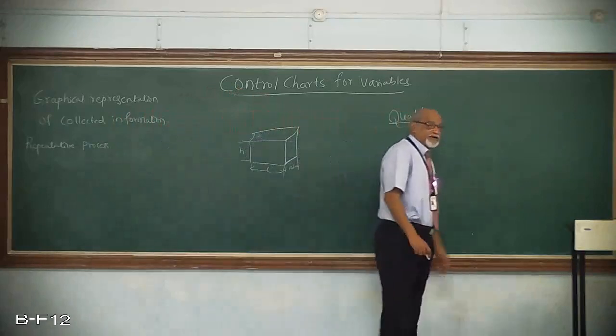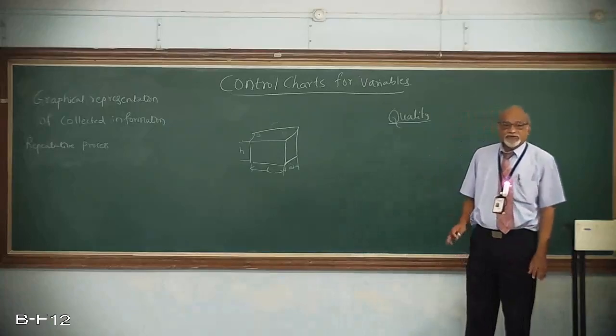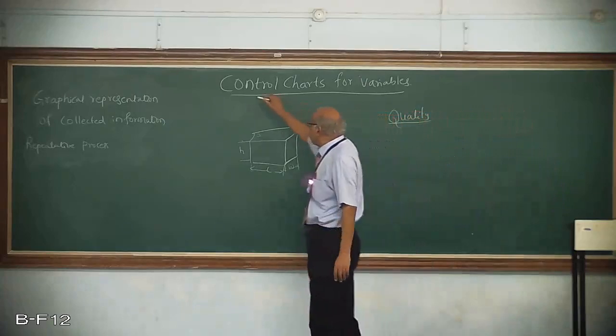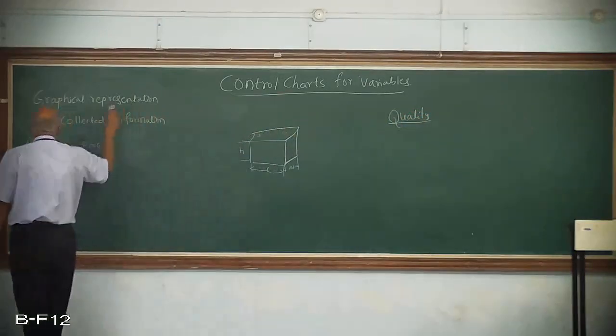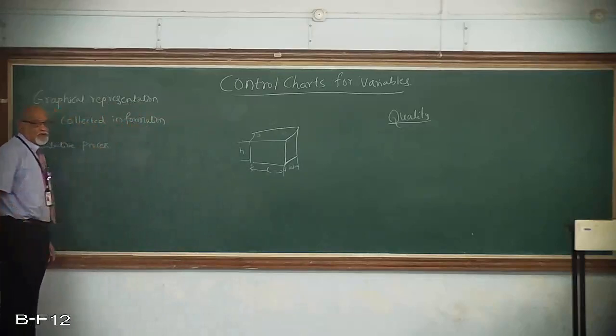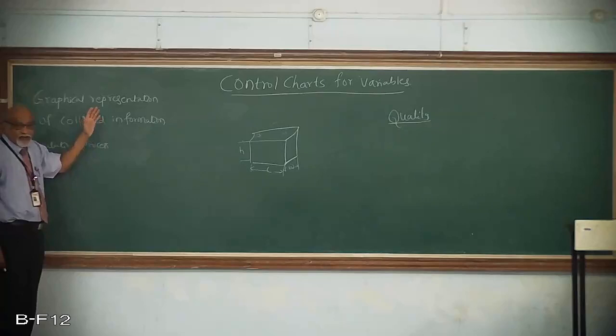That collected information is in the form of a chart, or we can say that a control chart is nothing but the graphical representation of the collected information, or the gathered data, which is going to be the crux.